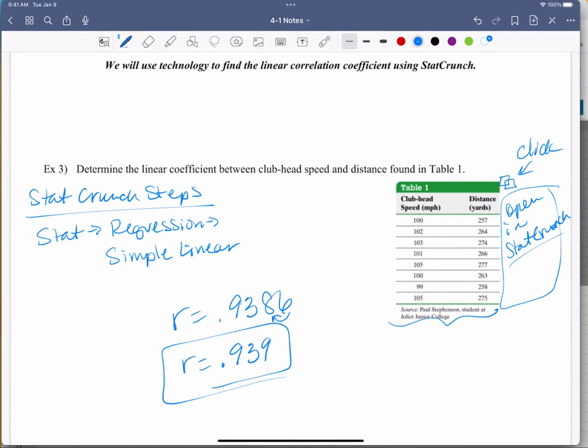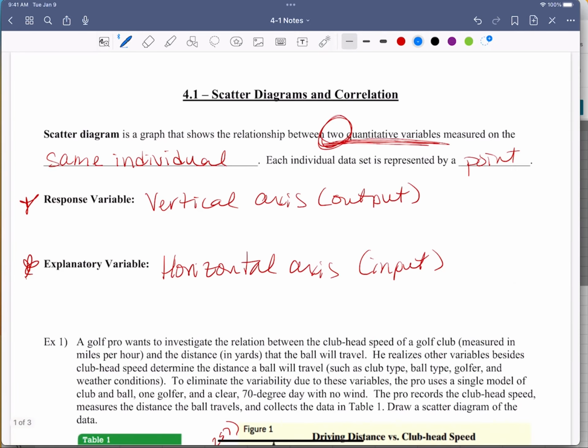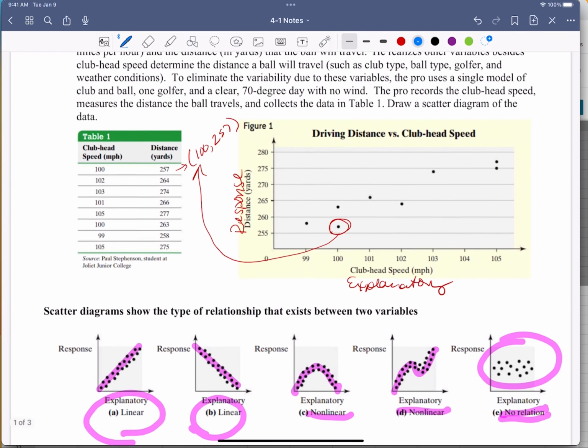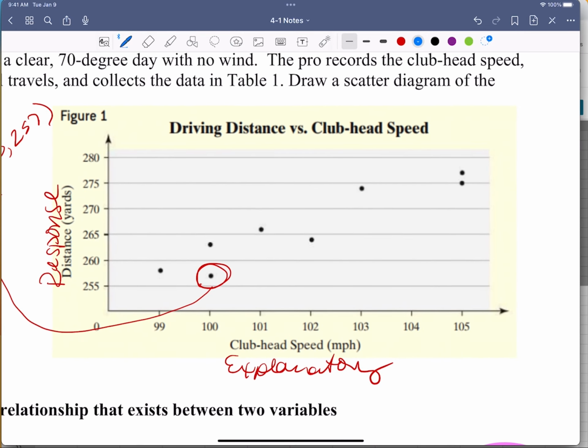Now let me flip back over here to the previous page just for a second. Here is that data. Look at what's happening. If I were to put a line through here, look how close that data is to that line. Pretty close, right? So the 0.939 that we had makes good sense.